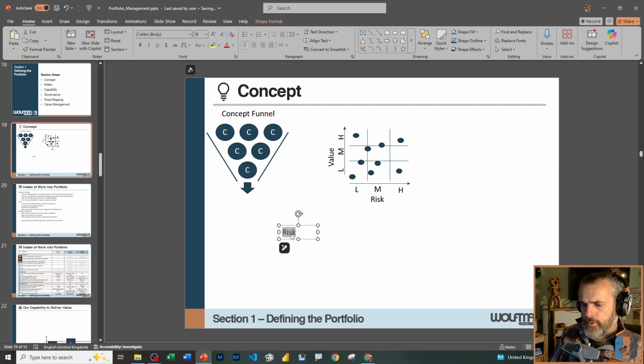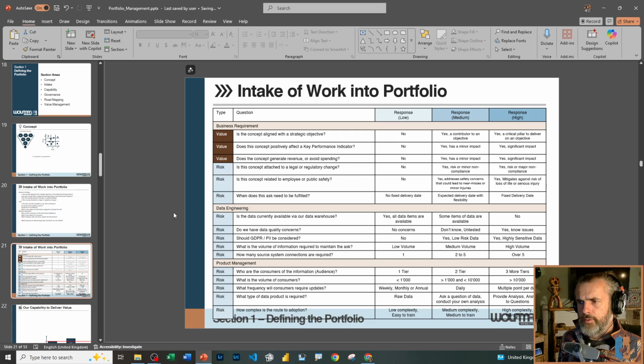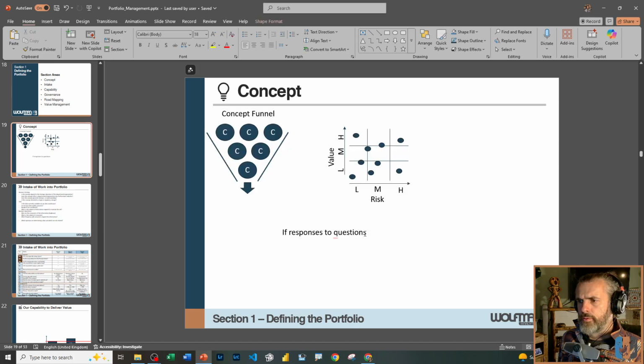If responses to questions 4 or 5 are high, they must pass through the intake process.